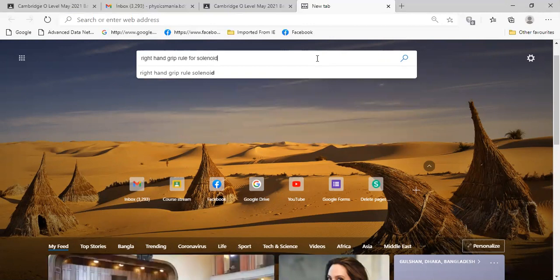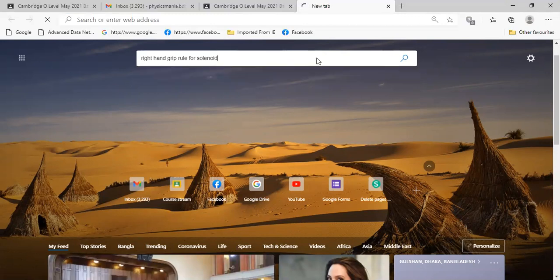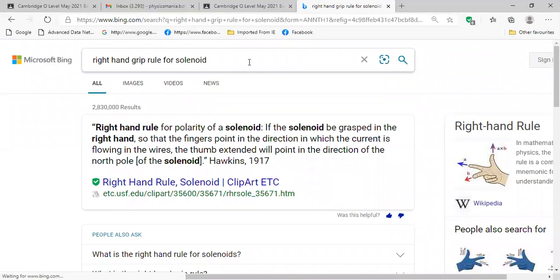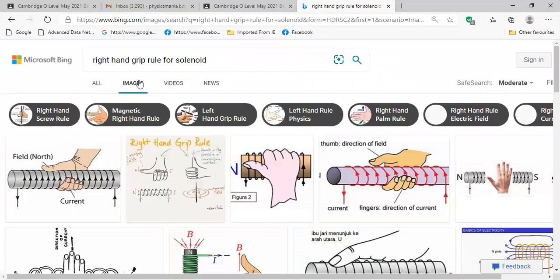Now you should use your right hand to understand it. Are you ready with your right hand? Okay, very good.